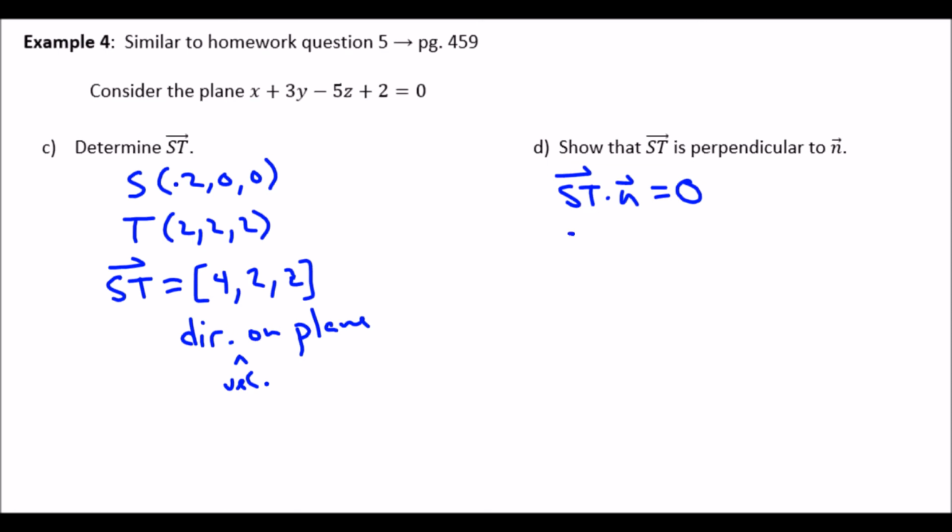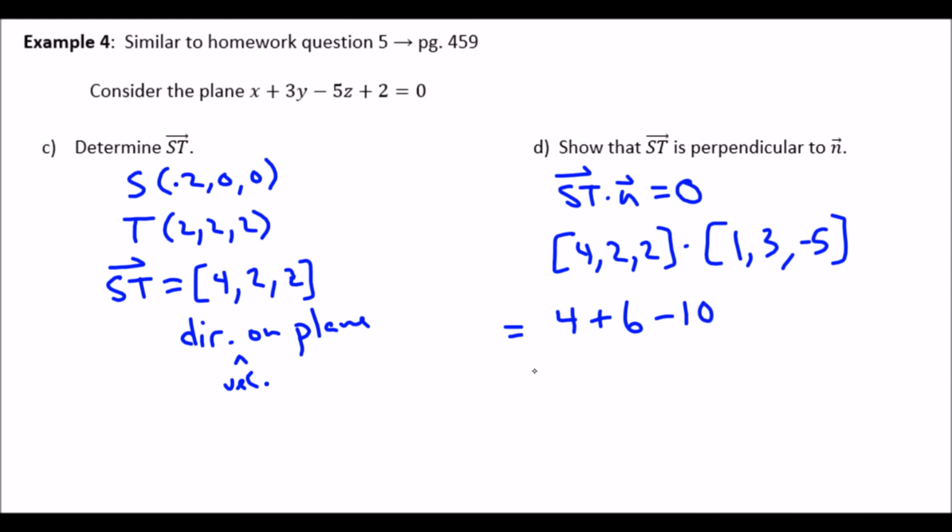So I'm going to have 4, 2, 2 dotted with 1, 3, negative 5. Here I'm going to get 4 plus 6 minus 10, which is equal to 0. Therefore, ST is orthogonal to the normal, which makes sense.